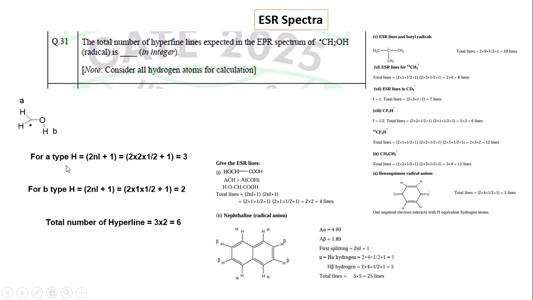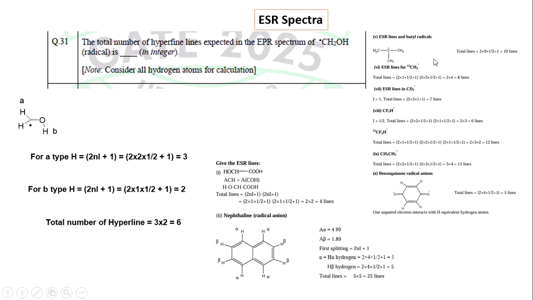For the A type proton, 2nI plus 1, here I equals half, and the number of methylene protons is 2, so 2 times 2 times half plus 1 equals 3 lines. And for the B type proton, the hydroxyl proton, this becomes 2, and if we multiply, the number of hyperfine lines equals 6.